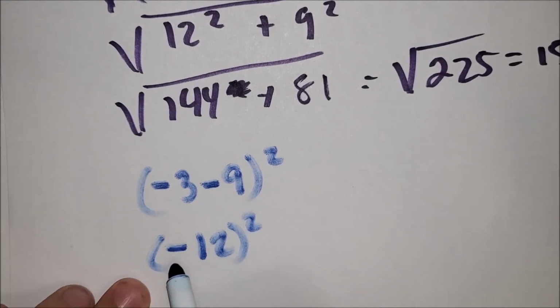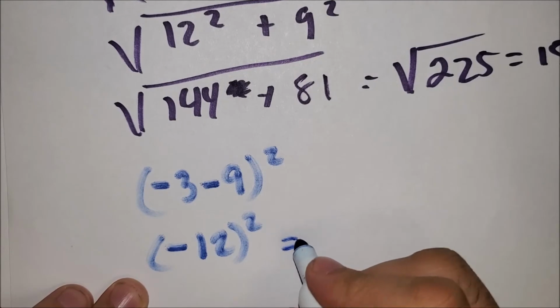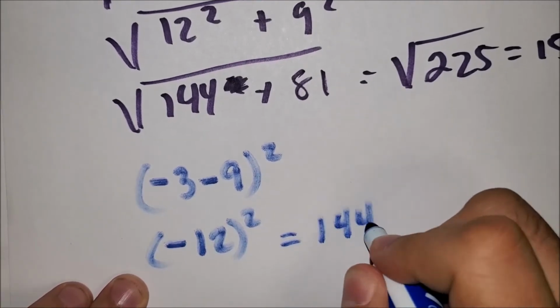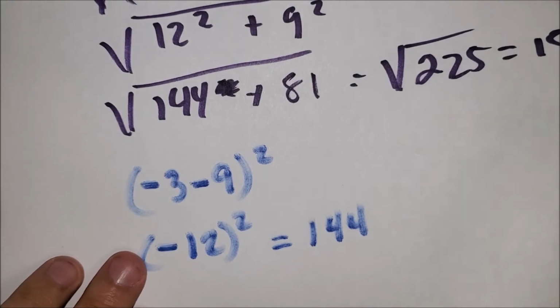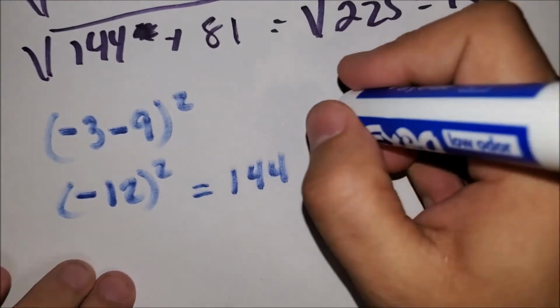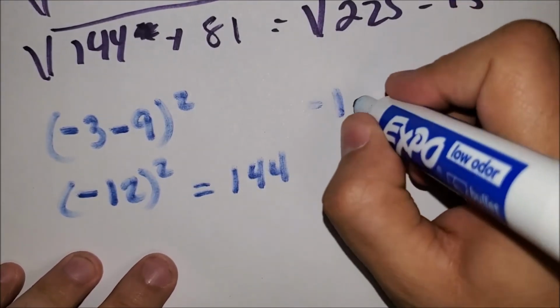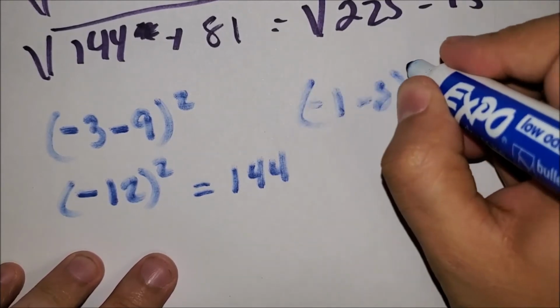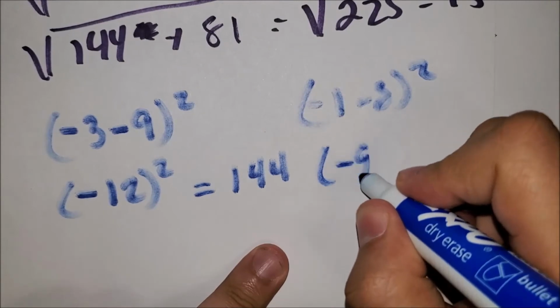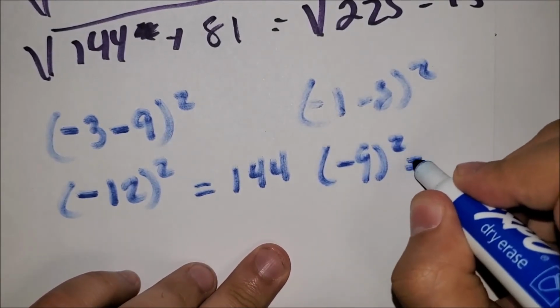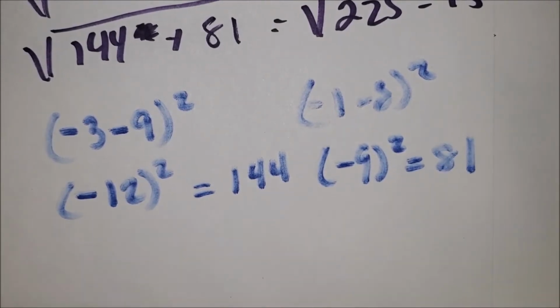But since this negative is inside the parentheses, and then you're squaring it, this is still positive 144. Similarly, if you did negative 1 minus 8 squared, this is going to give you negative 9 squared, which is still positive 81.